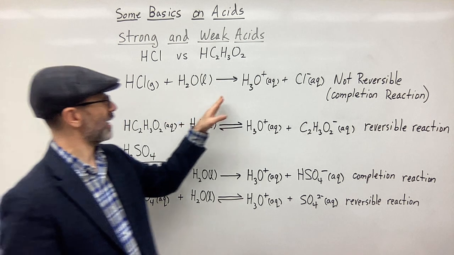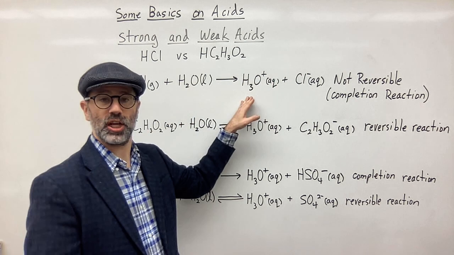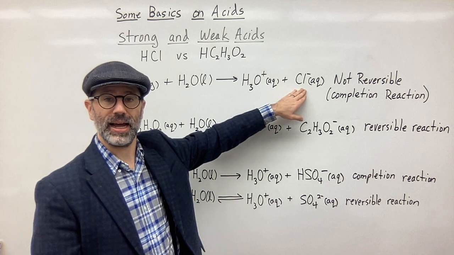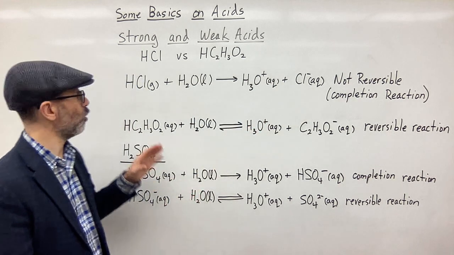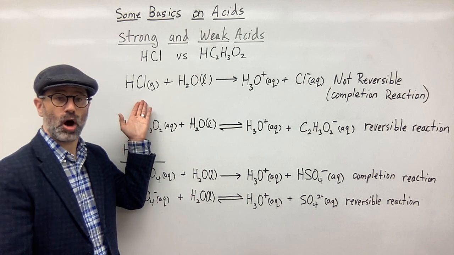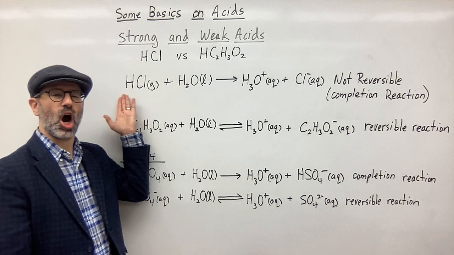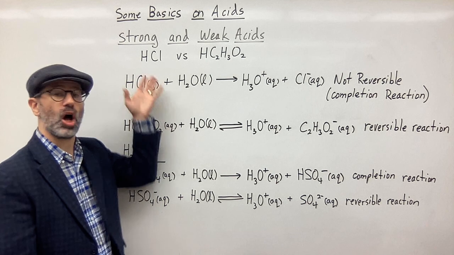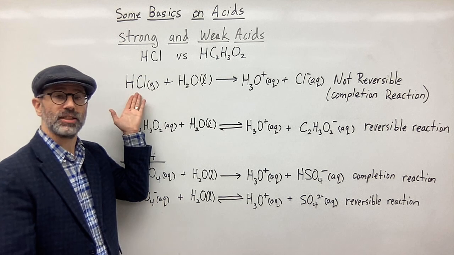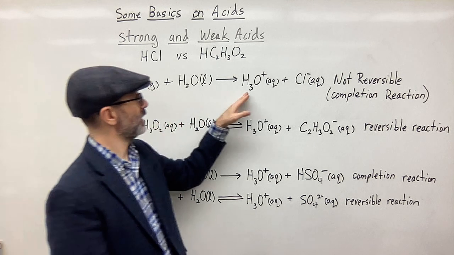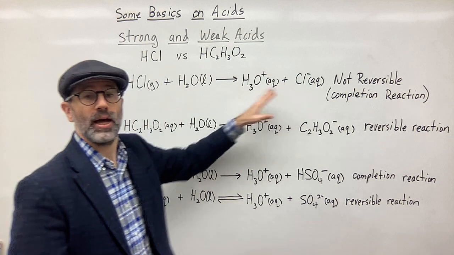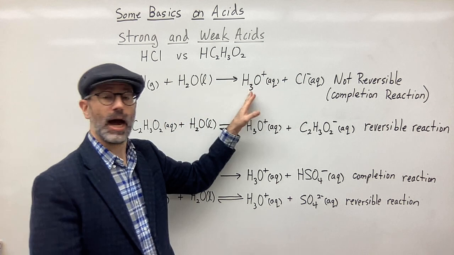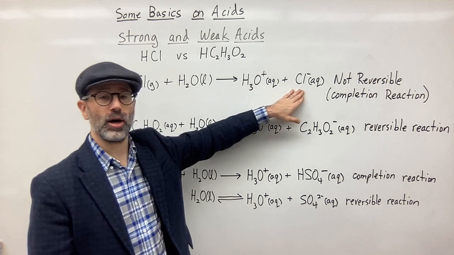So you're going to get a bunch of hydronium ion and your Cl minus, your chloride ion. Hardly any HCl is going to be left. It's pretty much all gone. All of this is going to be ionized into these two.